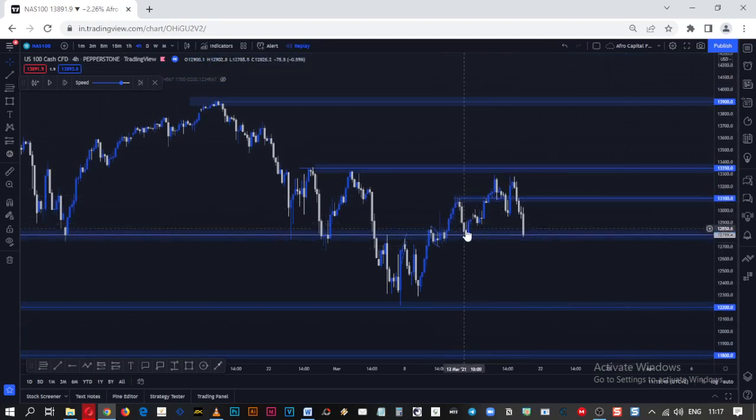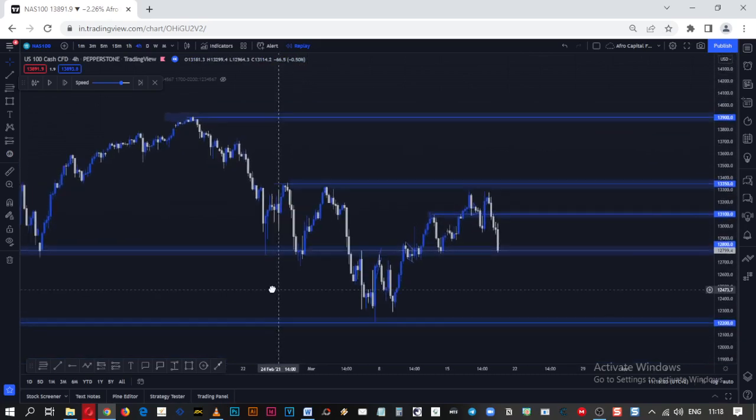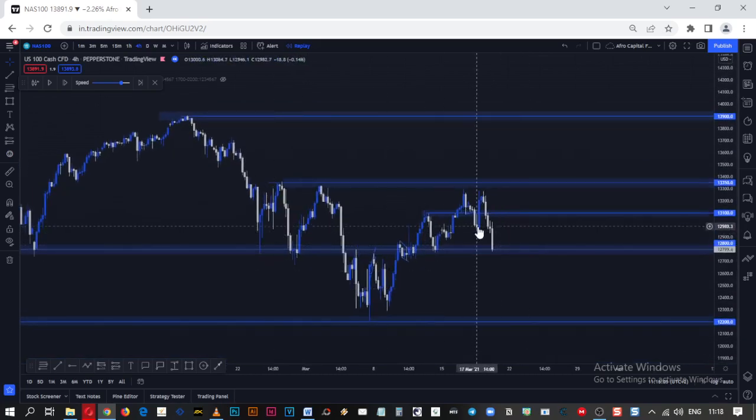Your high, your lower, your higher low, your higher high, higher low. A double top, but then we seldom trade those. Could be a sign of a reversal because the lowest low was here.